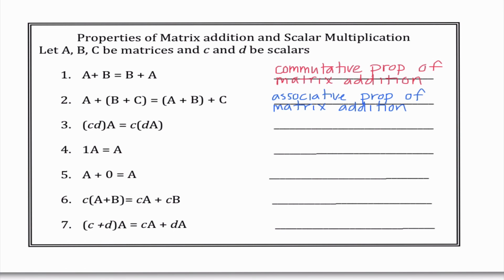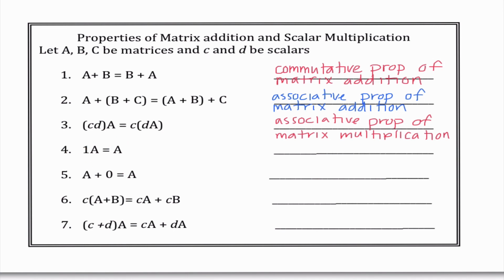For number 3, it's saying if C and D are both scalar values, so that means that they're numbers, and A is a matrix, I could either do C times D and then multiply that by A, or C times the quantity D times A. So that's saying that the groups are changing, and so that would be the associative property of matrix multiplication.